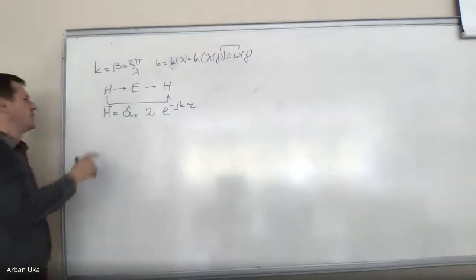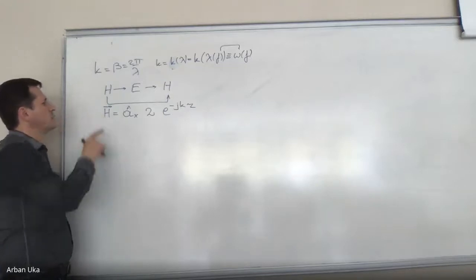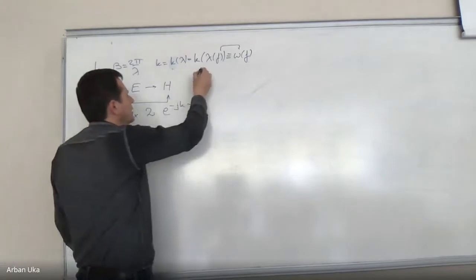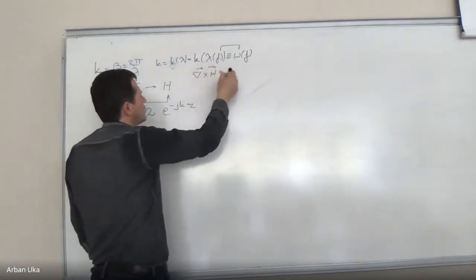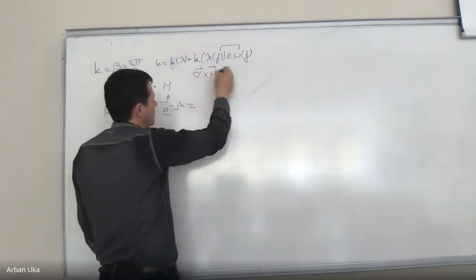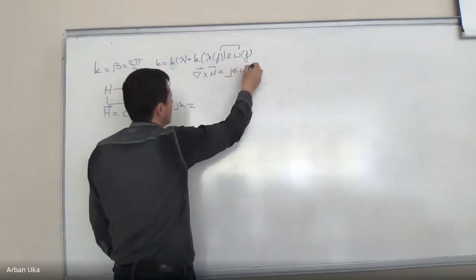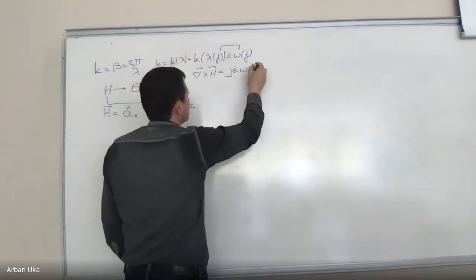And regarding the question that you asked me, what we can do is that once we're given the H, we can try to find the E. But how do we find the E? Let's have a look at the curl equation, but it is good if you also check this in your cheat sheet for the formulas. So the curl of H will be equal to j times permittivity times omega times E. I think it's E, right?